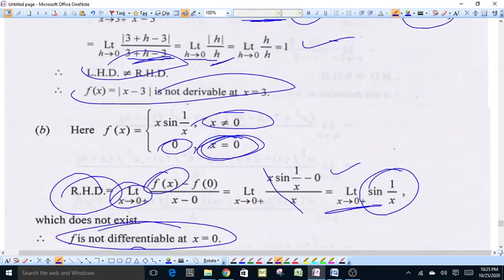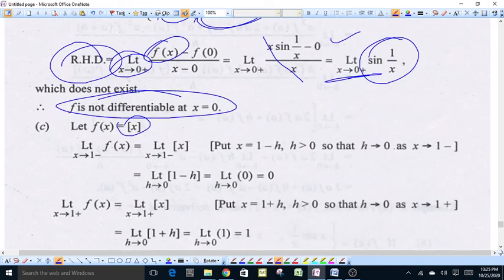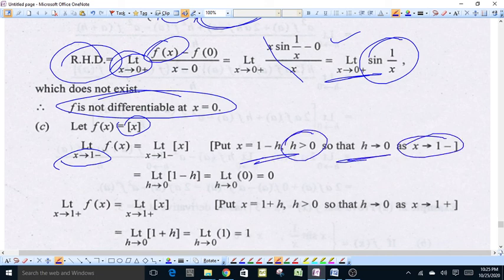Therefore the left hand derivative of f(x) when x goes to 1 from the left will be equal to the limit... now we are evaluating the left hand limit. For the left hand limit we put x = 1 − h, where h is a positive real number, and h goes to 0 as x goes to 1 from the left.